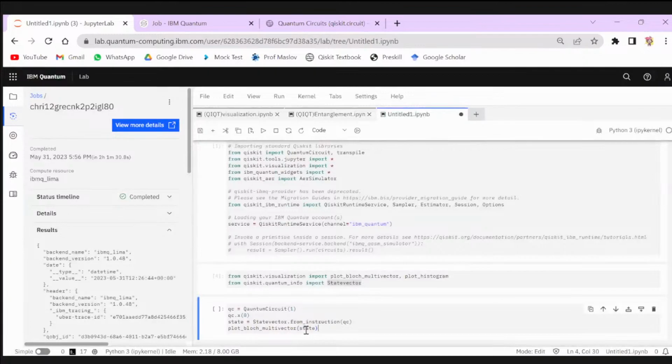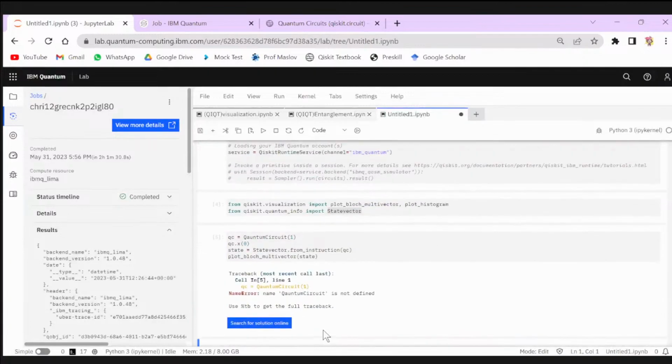Now with this function, we are trying to plot this state.